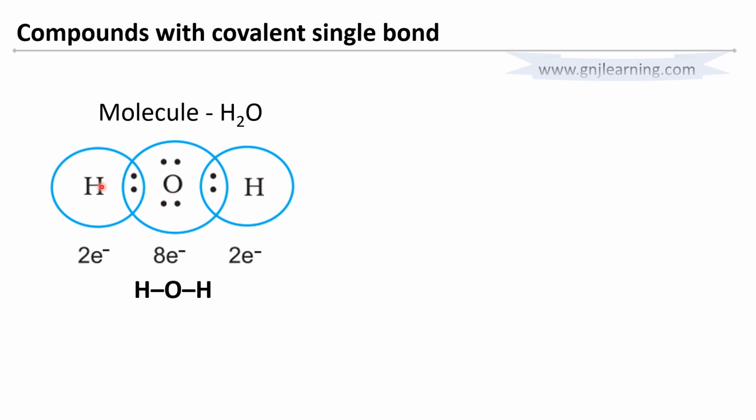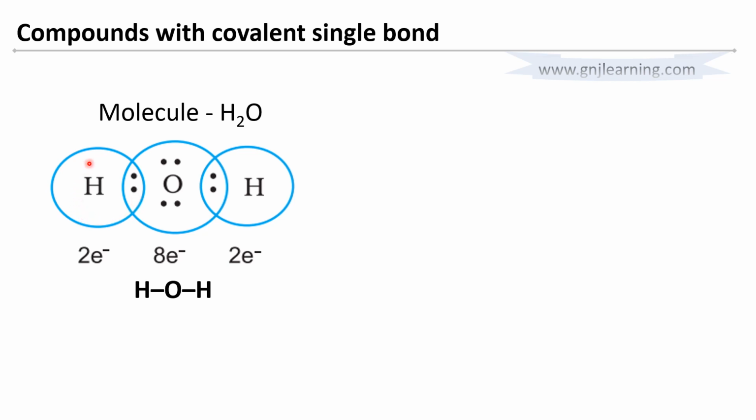Hydrogen has just 1 electron. This hydrogen decides to share its electron with oxygen, and similarly this hydrogen also shares its electron with this oxygen. Thus oxygen now has 8 electrons. Hydrogen had only 1 electron, and by sharing it has got 2 electrons.